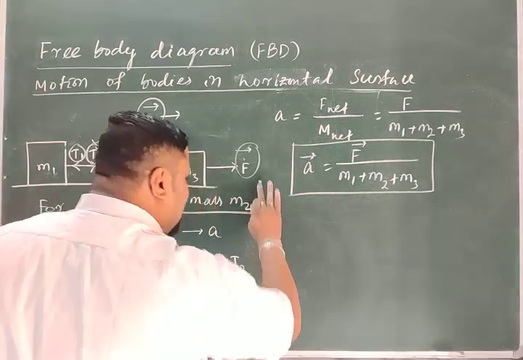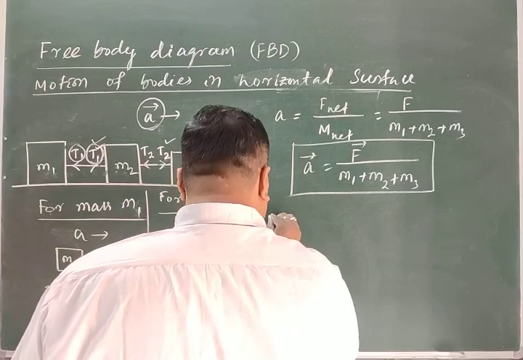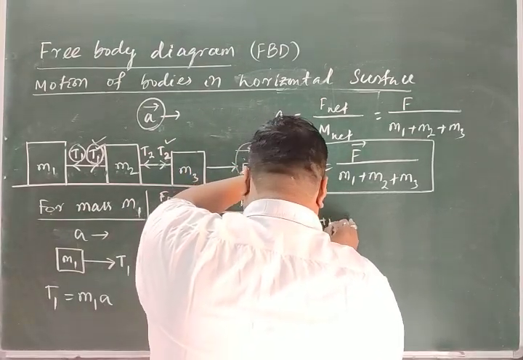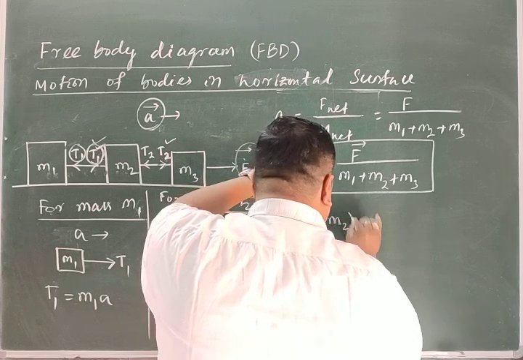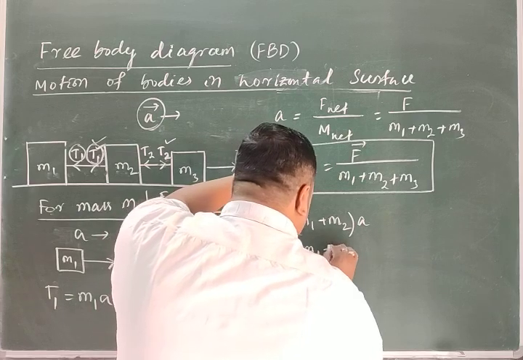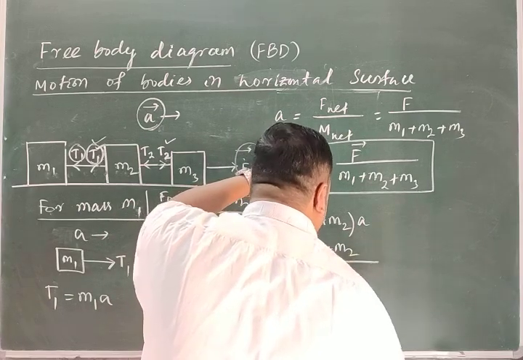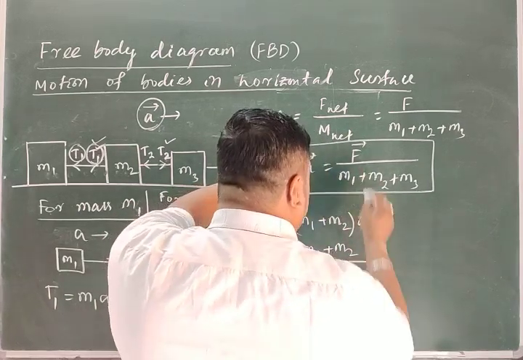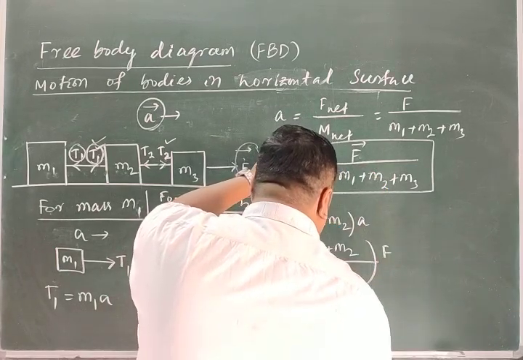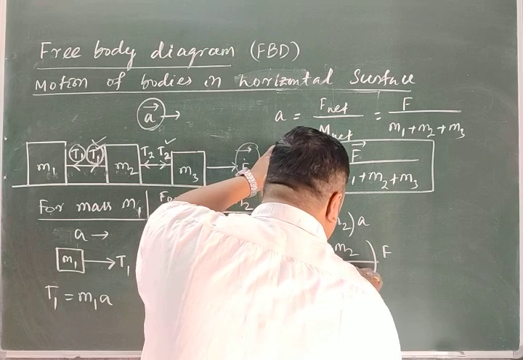If you solve this, T2 is equal to M1 plus M2 into A, or T2 is equal to M1 plus M2, divided by, A is equal to what? F by M1 plus M2 plus M3.